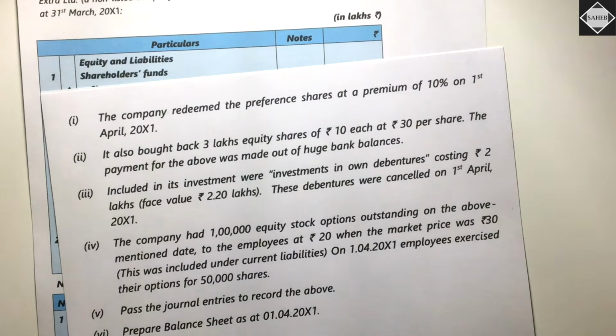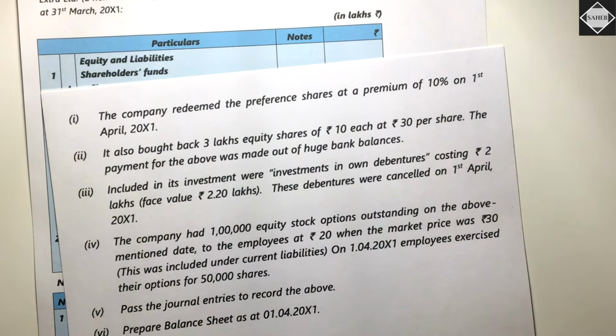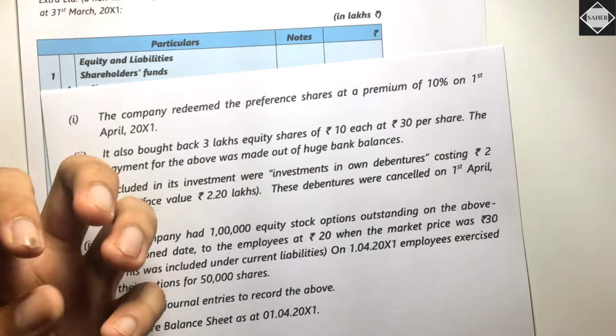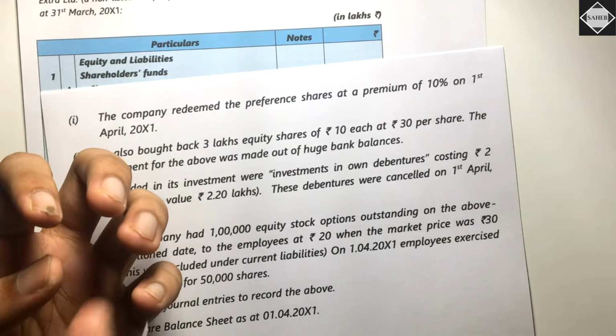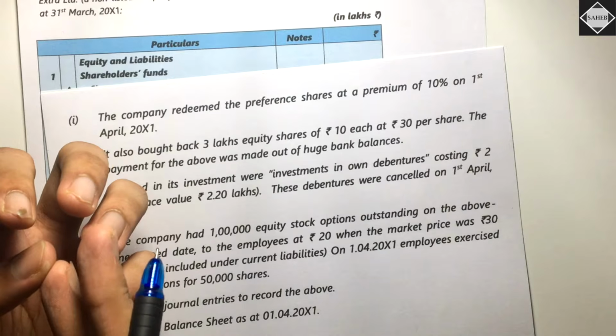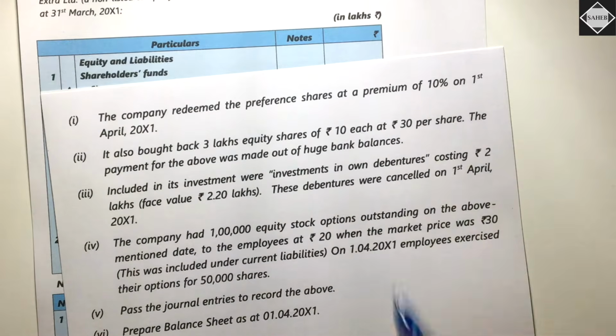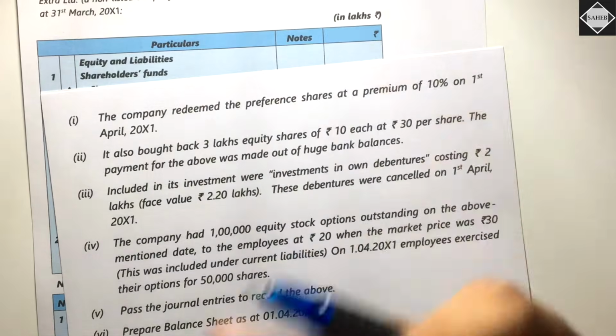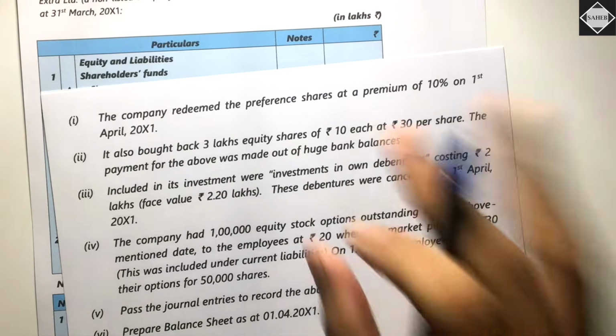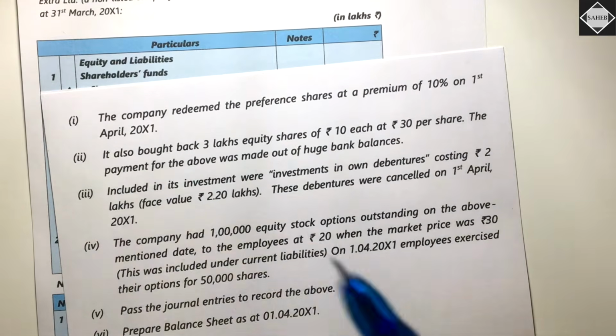If they want to cancel them, they purchase their own debentures and cancel them. The company already has a liability in the balance sheet, 10% debentures. Now here you don't have to purchase, because it already exists in investment. They have purchased already. In this third point, you just need to cancel.